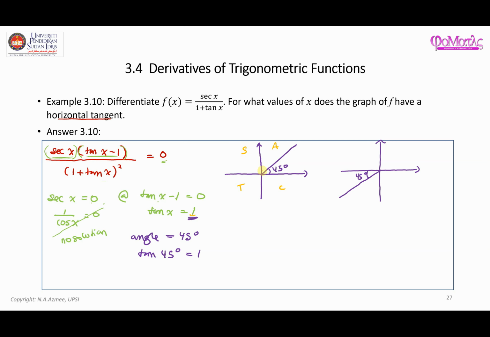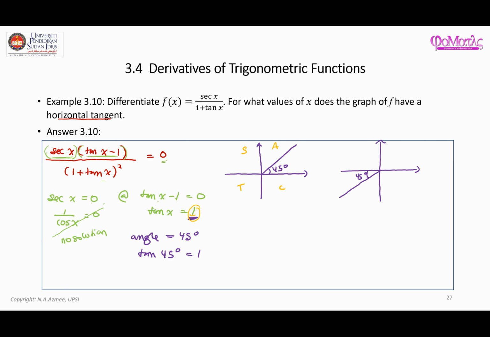Here is just a positive sign for sine theta, here is just a positive sign for tangent, and this one is a positive sign for cosine. And since here is a positive value, we know that the angle of x is going to be either on this quadrant or the third quadrant, yeah?